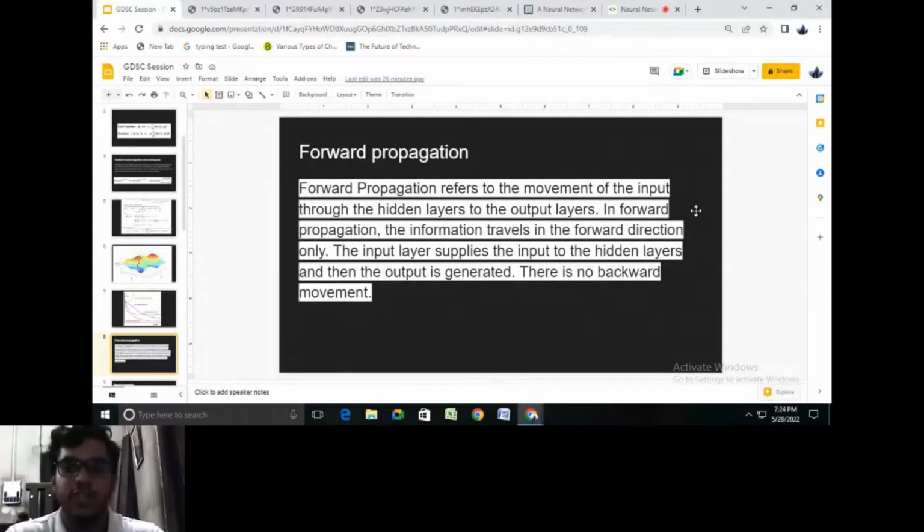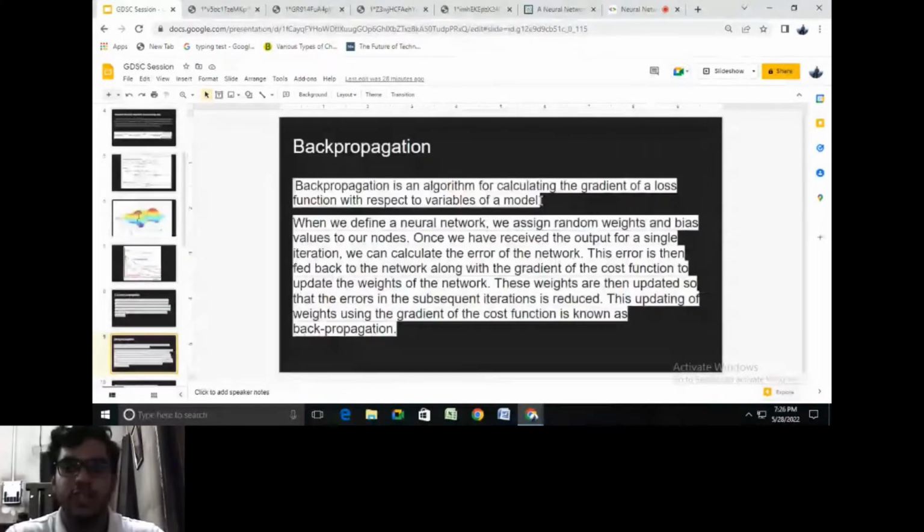Back propagation is a mathematical term. It is, precisely speaking, an algorithm for calculating the gradient of a loss function with respect to the variables of a model. So backpropagation is essentially an algorithm to calculate the gradient of the loss function.